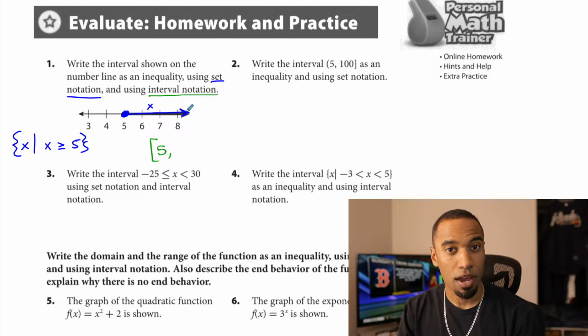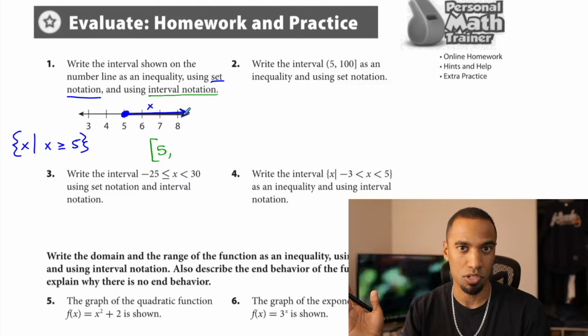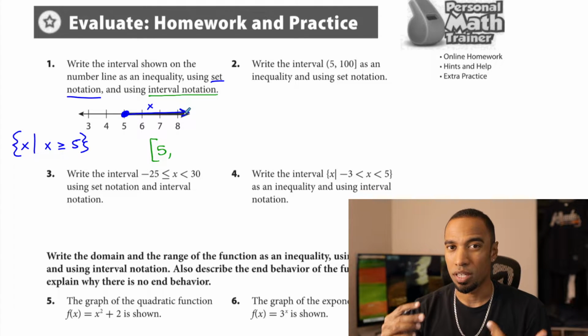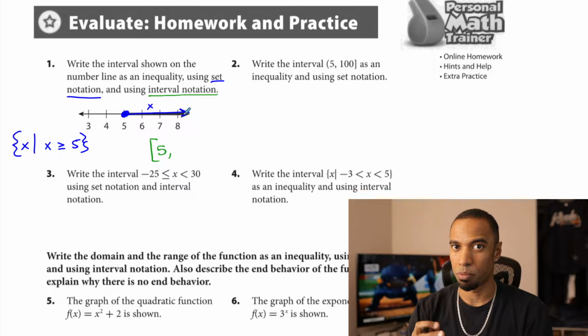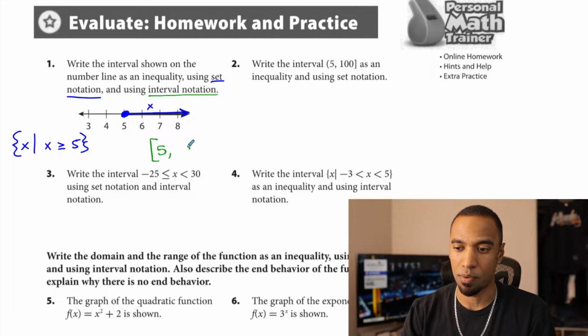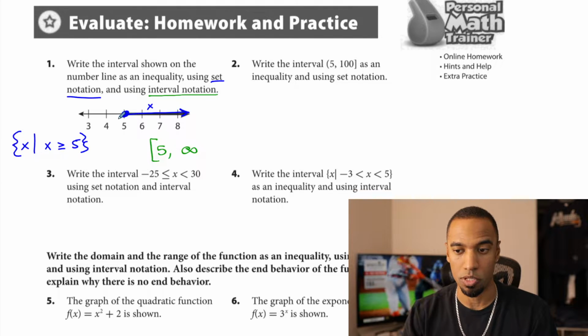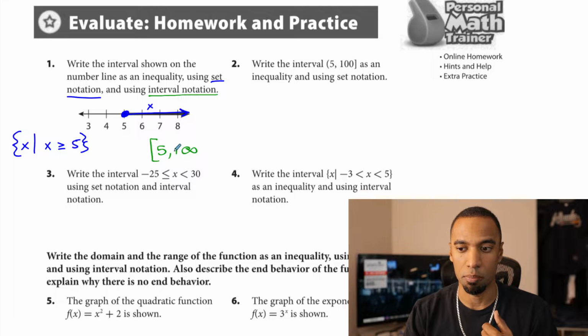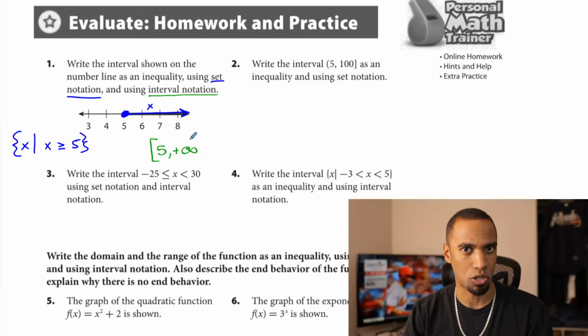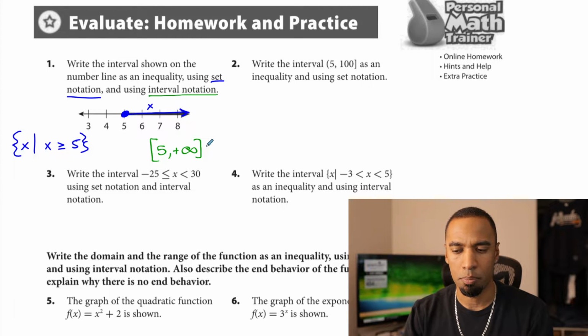Now this goes on forever to the right. It goes toward positive infinity. So is there an upper bound to speak of? Not really as a value, but we will still put infinity. And the infinity symbol is this sideways guy right here. Now you're going to see me put negative infinity at times when we talk about going this way. So here I'm just going to put the positive infinity, and I'm going to tend to make sure to always do that. Now we have to close this with either a square bracket or a parenthesis.